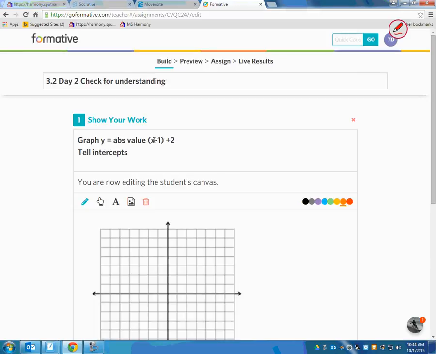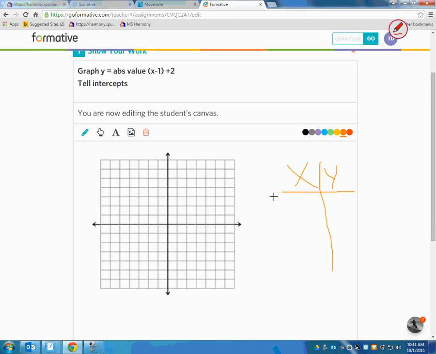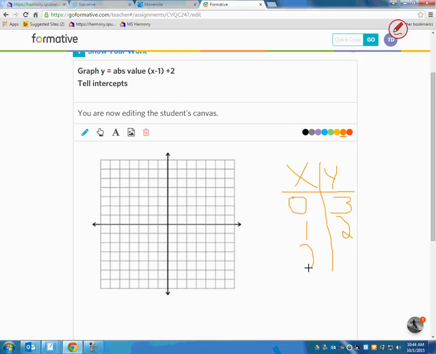If you are going to make an XY chart by picking numbers, if you picked 0 for x, you would get 1 plus 2, which is 3. If you picked 1 for x, you would get 0 plus 2, which is 2. If you picked 2 for x, 2 minus 1 is 1 plus 2, which is 3 again.